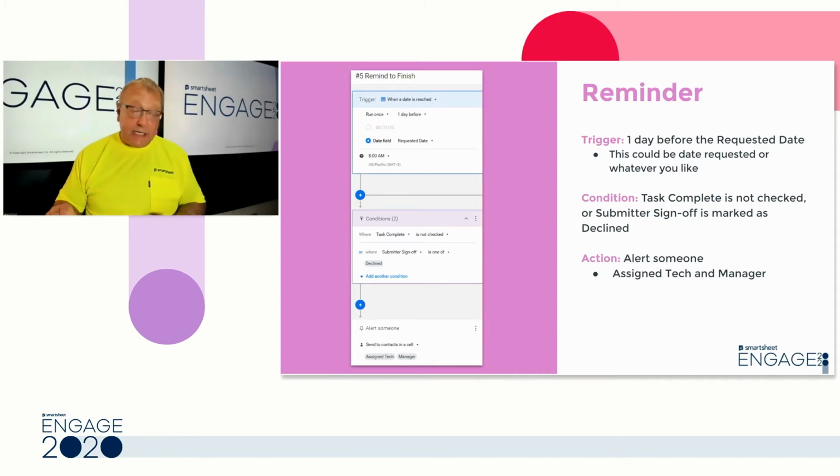The requested date. But next to run once, you can pick when that happens. When you use that drop-down, you can see either before or after the date is when you want this to take place. You can do 1 day through 10 days, through a month, all of those different choices for when you want to be reminded of this.